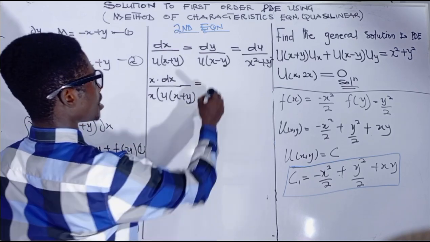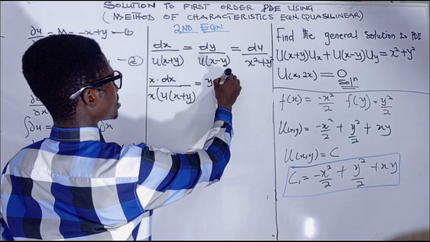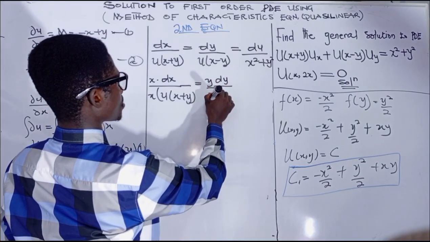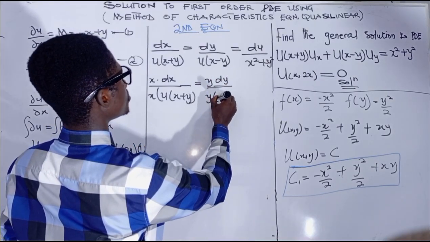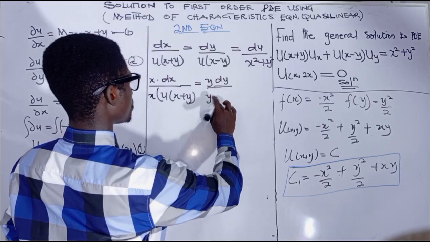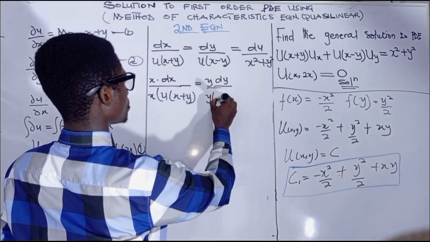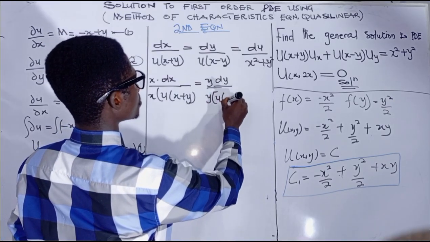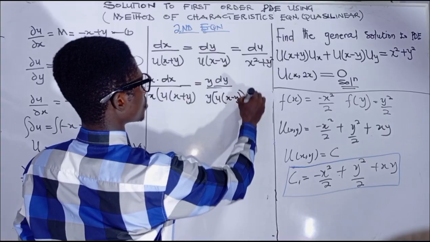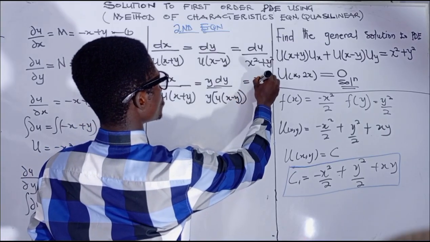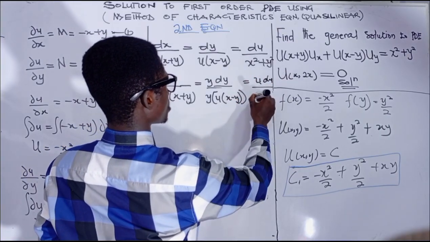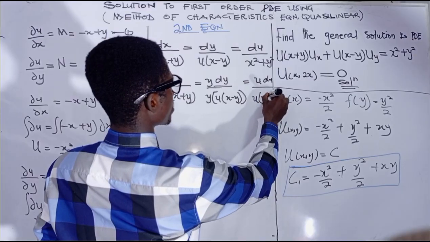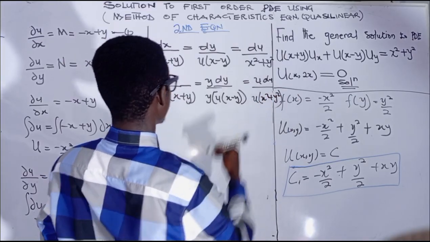And then we are going to have y dy multiplying y, and then we have u multiplying u, and then x squared plus y squared.